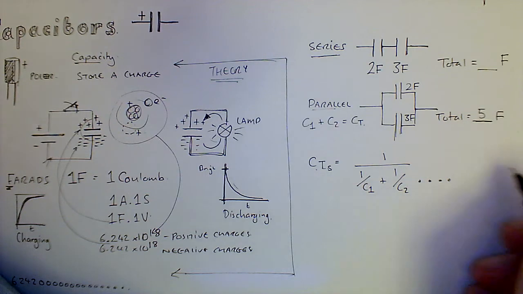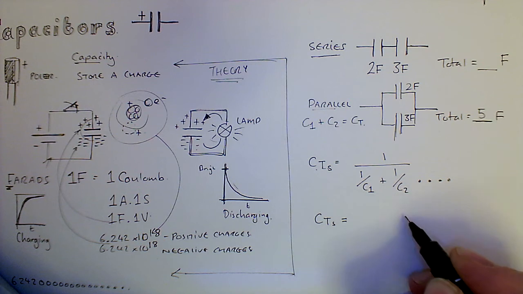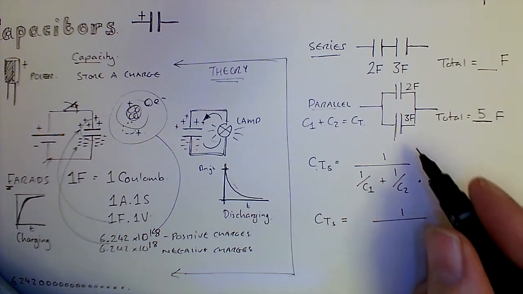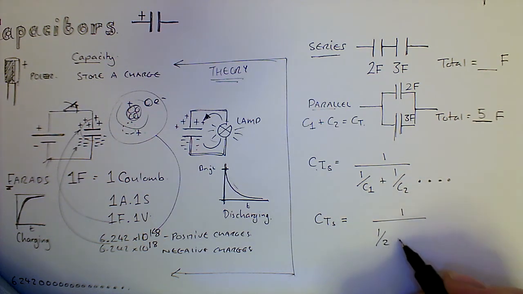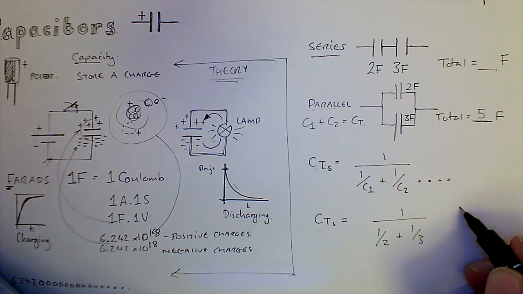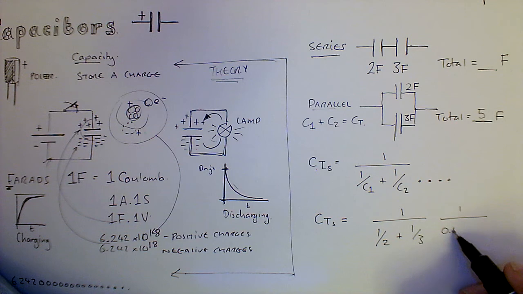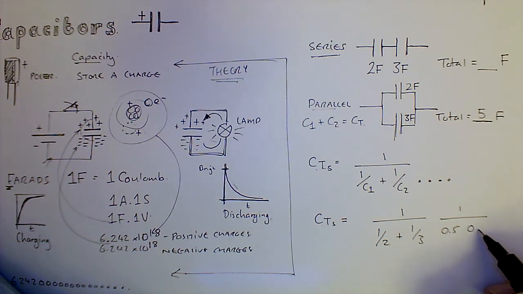So in that situation the capacitor total for series would be equal to 1 divided by 2 plus 1 divided by 3. So that's a half, which is 0.5, and a third, which is 0.333 recurring, but I'm just going to say 0.3.